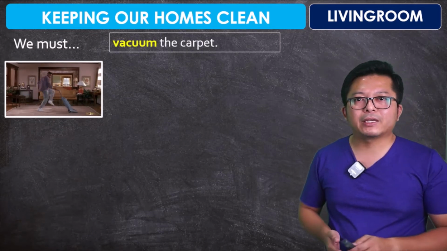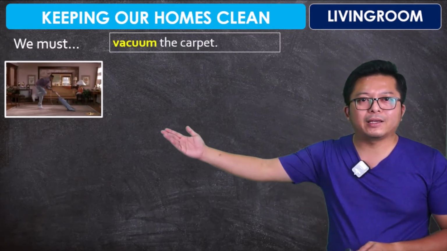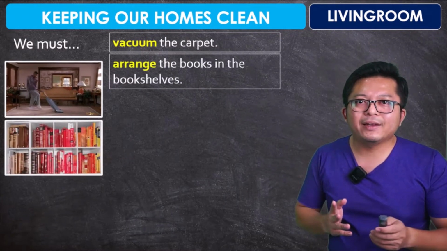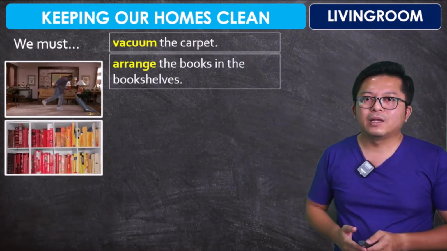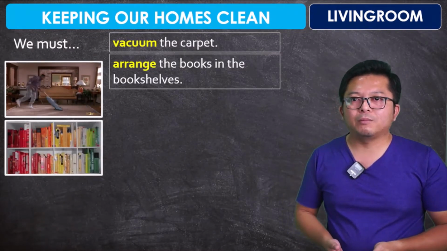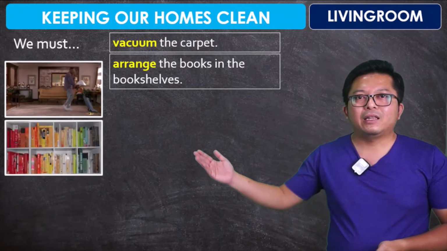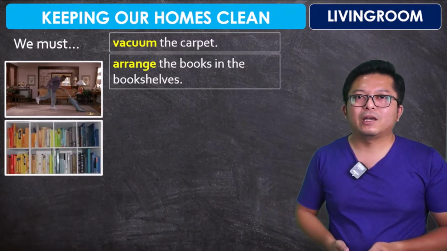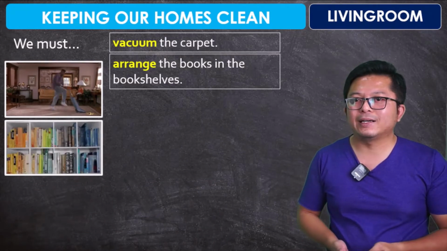We must vacuum the carpet like in that picture, and arrange the books in the bookshelf. If you have books on the table, put it in the bookshelf properly, put it back so it would look nicer.